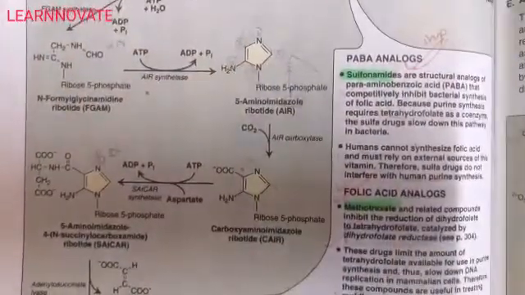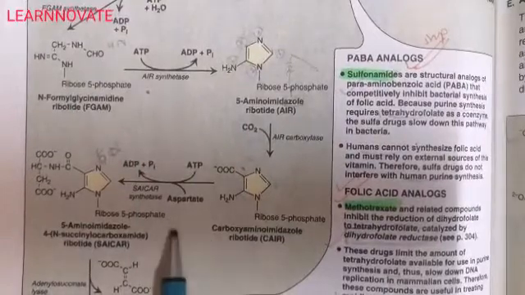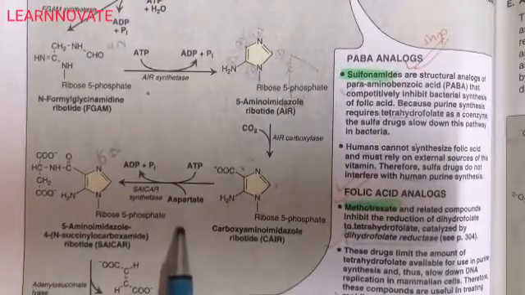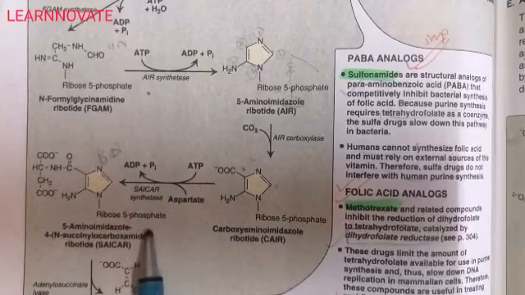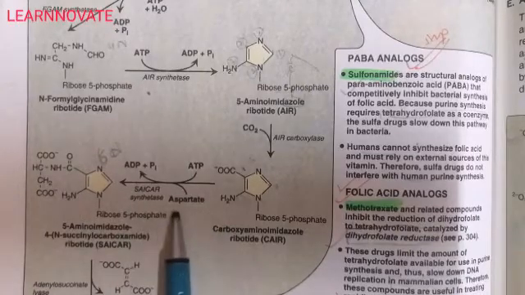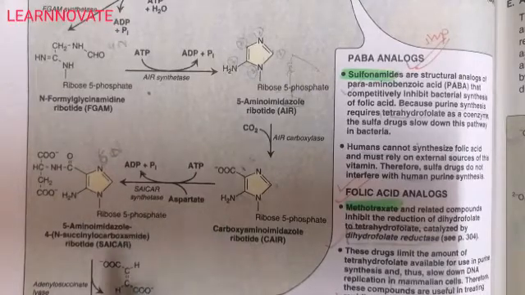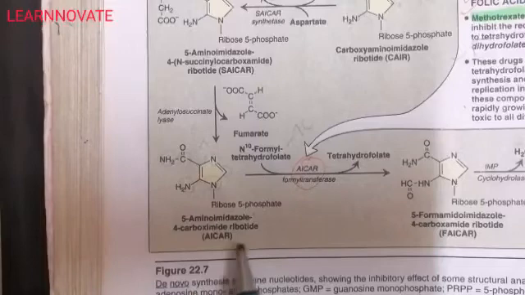Now, after the conversion through different steps, with the combination of the carbon atom from the N10 formyl tetrahydrofolate and nitrogen from the aspartate, there will be a production at the end of this cycle of 5-aminoimidazole 4-carboxamide ribotide.